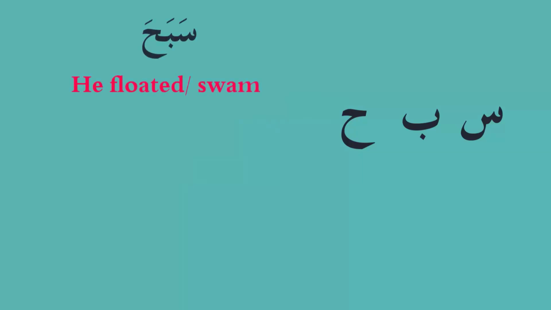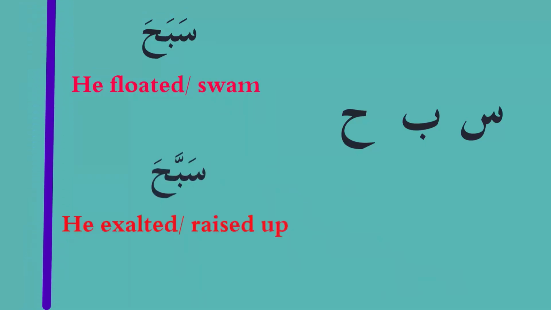Let's look at these three base letters. We have the word sabaha, which means to float or to swim around. From these three base letters, we get the word sabbaha. It means to exalt somebody or to elevate his status.